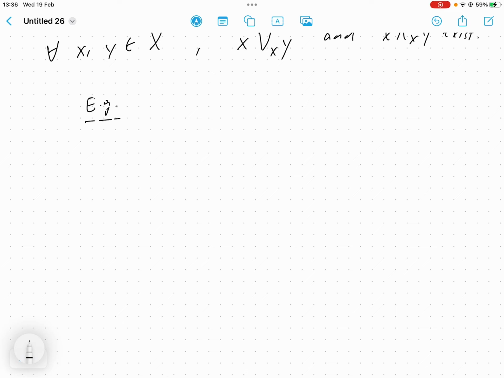It's very natural. We know that Rn with the greater than or equal sign that we defined previously is a lattice.